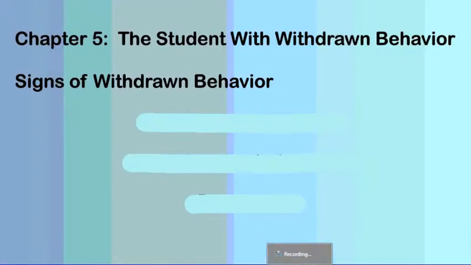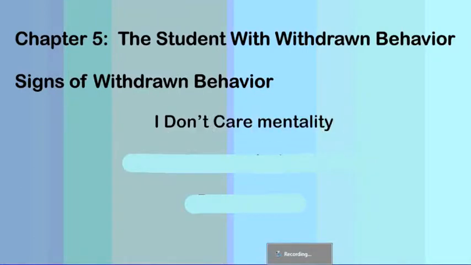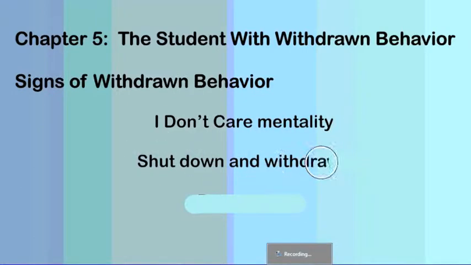Jack's behavior is an example of a student with withdrawn behavior. The signs of withdrawn behavior include an "I don't care" mentality, the student being shut down and withdrawn, or a student displaying depression.